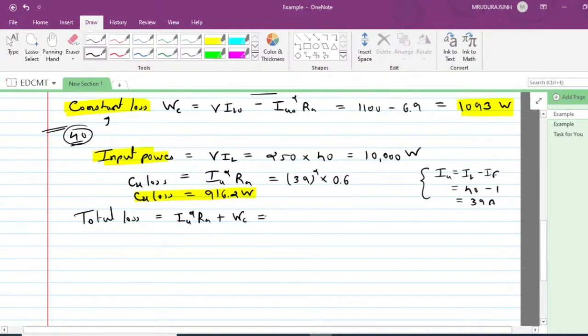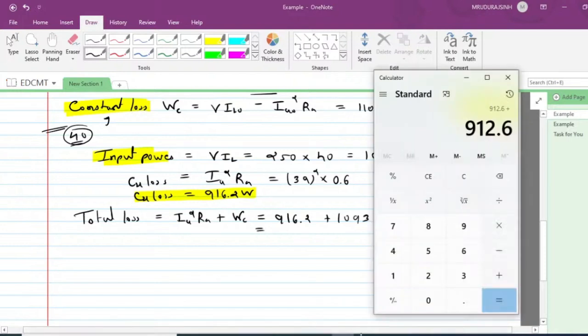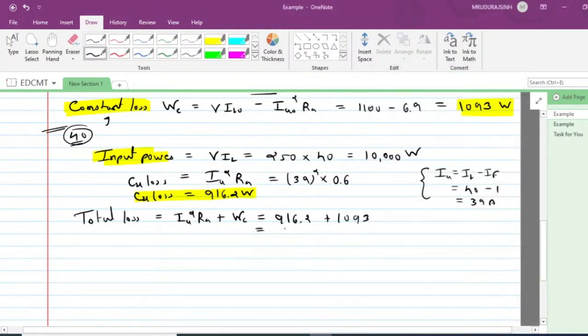Ia square Ra we have calculated, 916.2, plus WC 1093, and the total of these two is 2005.6. It's not 1916.2, okay, so 2005.6. 2005.6 watt, that is the total losses. So we have calculated the total losses.